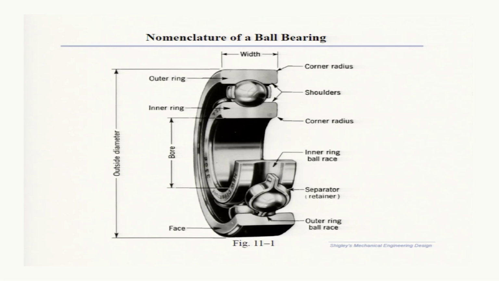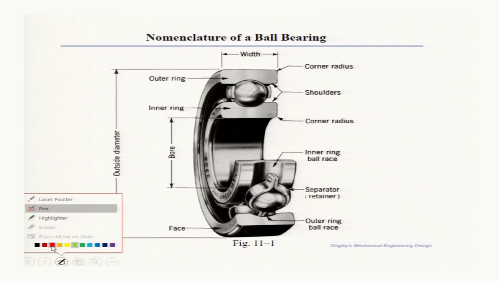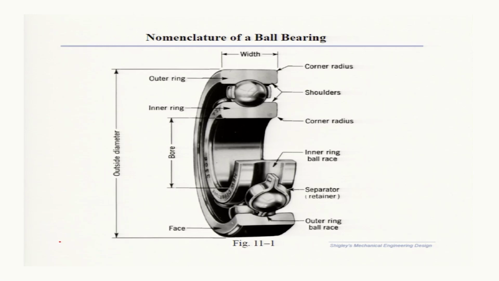Now, nomenclature of a ball bearing. The different components of a ball bearing are shown in this figure. We will have an inner race, this is shown here, then outer race, okay, this is the outer race. The width of the bearing will be given by this one.